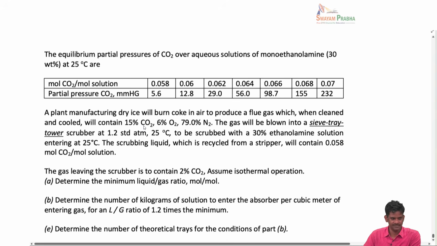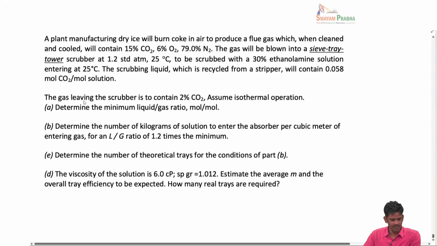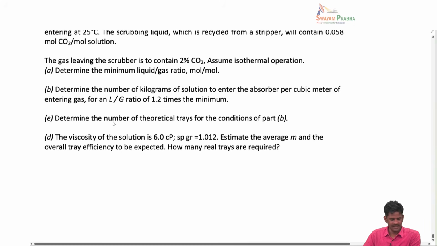It's quite high. In this problem also you'll be asked the same questions: minimum L/S ratio, and then if the actual ratio is 1.2 times this, find out this, and then determine the number of theoretical trays, and similarly the efficiency.